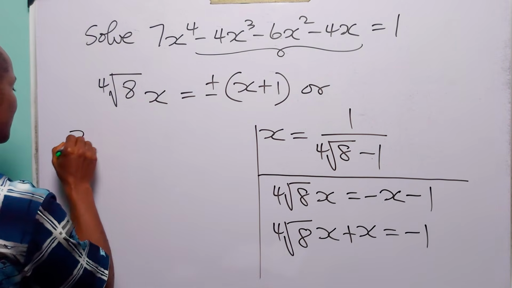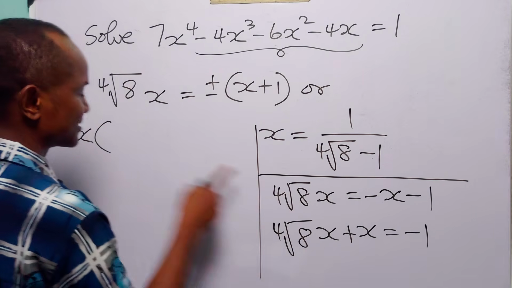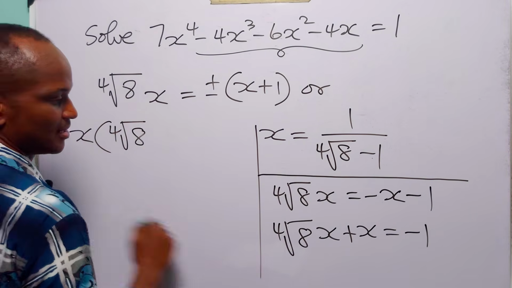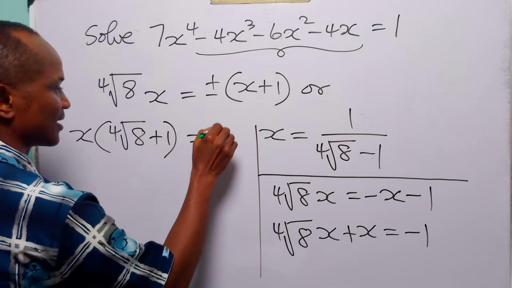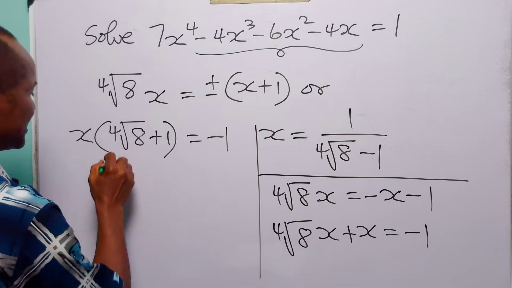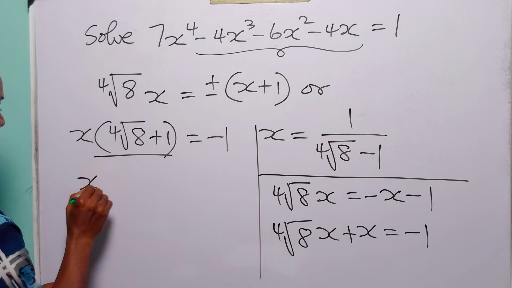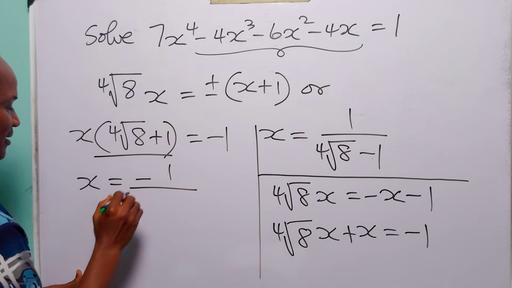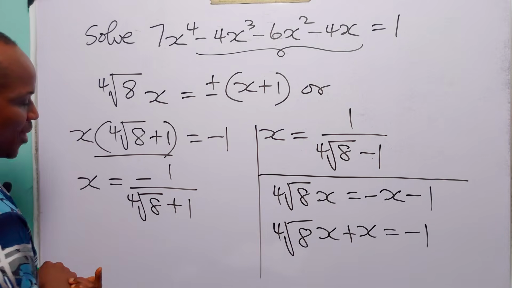We have x into the fourth root of 8 times x divided by x is the fourth root of 8. x divided by x is 1. This is equal to minus 1. Dividing both sides of this equation by this quantity, we have that x is equal to minus 1 over the fourth root of 8 plus 1.